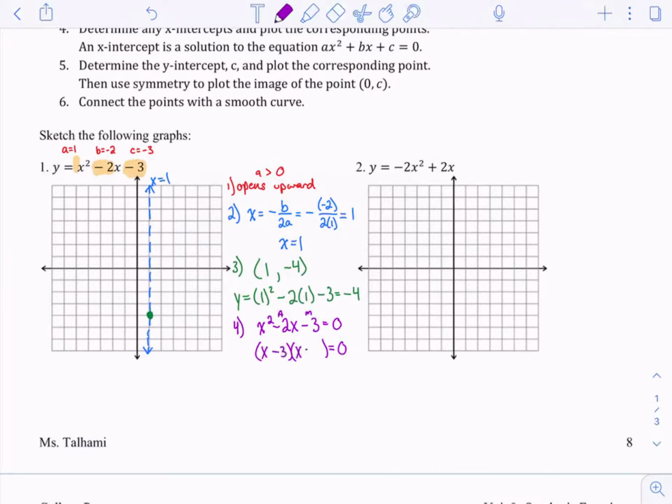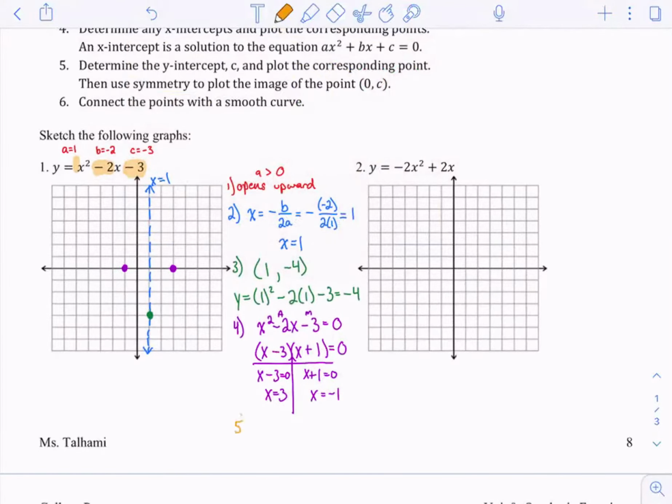And that should be -3 and +1. So x equals 3 and x equals -1. So here's a 3 and here's a -1. Those are my x-intercepts.